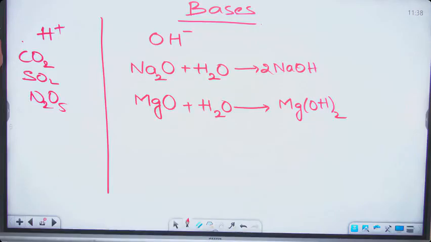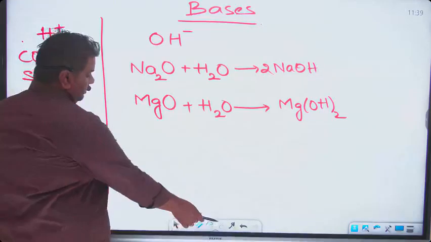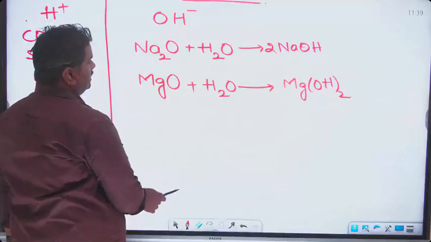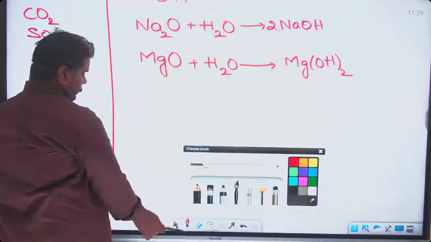Magnesium oxide reacts with water to give Mg(OH)2. So bases are formed by the reaction between a metal oxide and water.